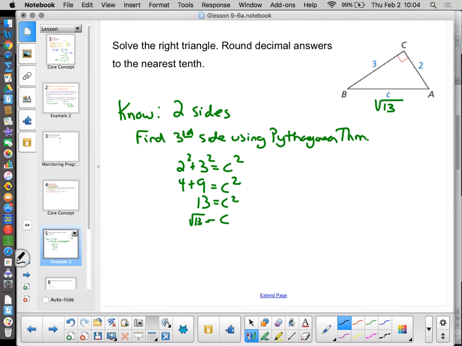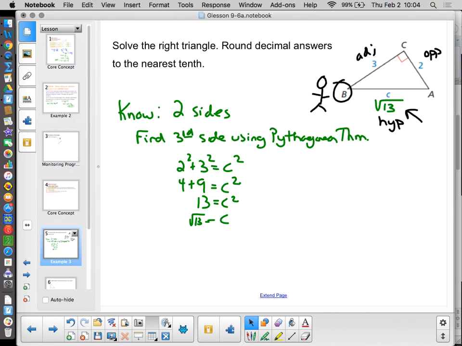I'm going to choose angle B and make this my perspective. If that's my perspective, identifying the sides, 2 is the opposite, 3 is the adjacent, and square root of 13 is the hypotenuse. Now, I'm going to be very careful not to use this measurement. This is the caution measurement right here.